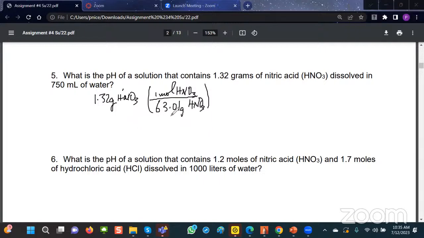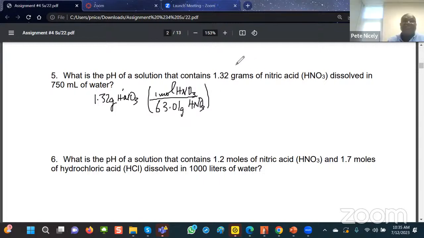We have to figure out the equation, or see the mole ratio. HNO3 dissociates to form H plus and NO3 minus because it's a strong acid. And that should actually be the first thing you ask yourself: what kind of acid is it? Is it strong or weak? We know it's strong. What's the next step?